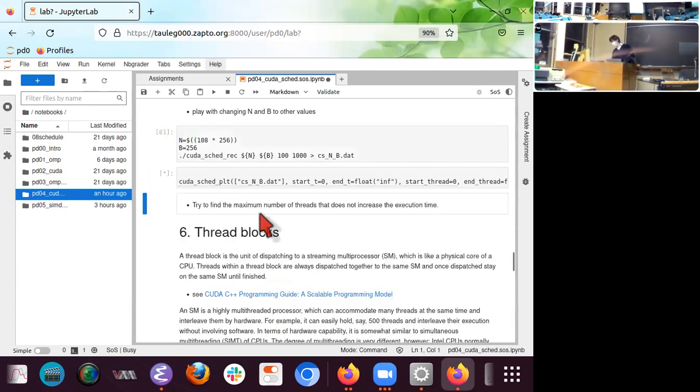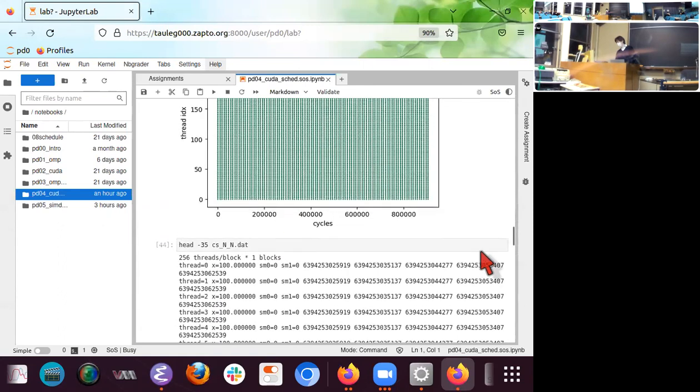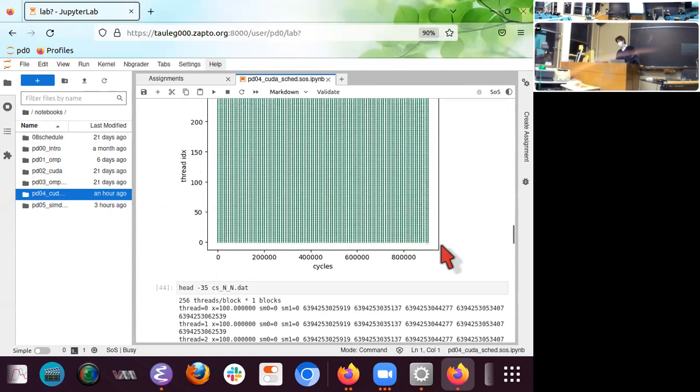Well, actually, the visualization will take so much time. But the thing you want to observe in this experiment is the execution time. The total execution time is still in the same ballpark as this experiment.